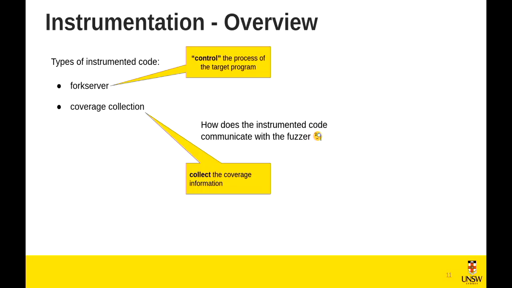Because remember, we need to control the process and we need to collect information, and this actually requires communication between the target program and AFL. So how do we do inter-process communication here? Have you ever done any coding related to inter-process communication before?